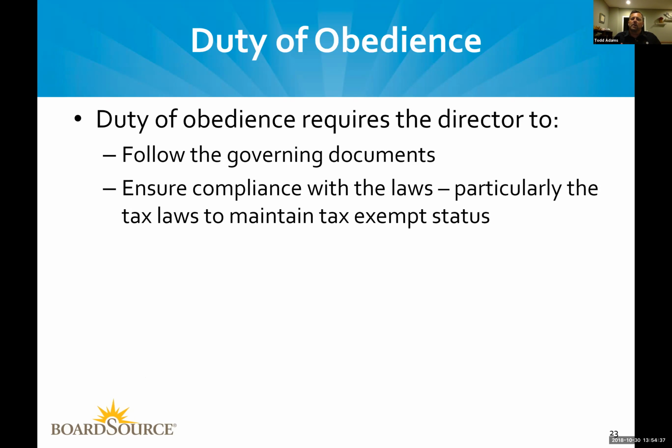But make sure you're following the laws to help maintain your tax exempt status, and to know what your rights are in that area. For example, if you're in the state of California as a nonprofit, you are not exempt from items that are subject to consumption tax. So office supplies, you're going to pay sales tax on them. The purchase of food and other goods, you're going to pay sales tax.